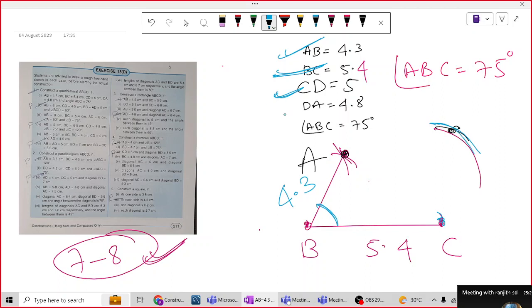Yes, sir. Okay, what is left? So, DA, 4.8. Okay, DA. You know where A is, right? Where is A? So, 4.3, that line.